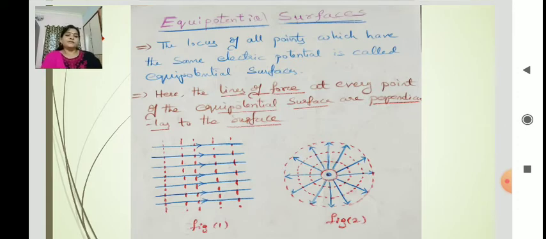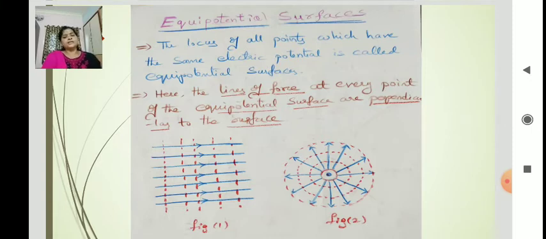So for example, if a charge is brought into an equipotential surface, what is the work done in bringing the charge from one point to another point? The work done will be 0, because on an equipotential surface the potential is the same at every point.